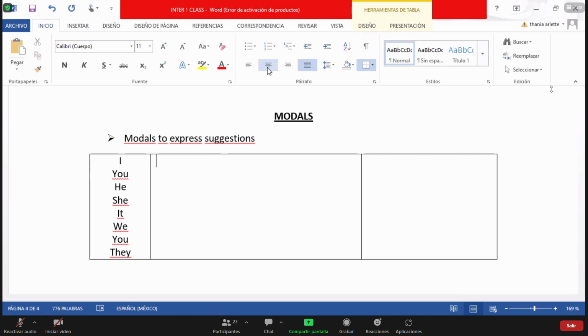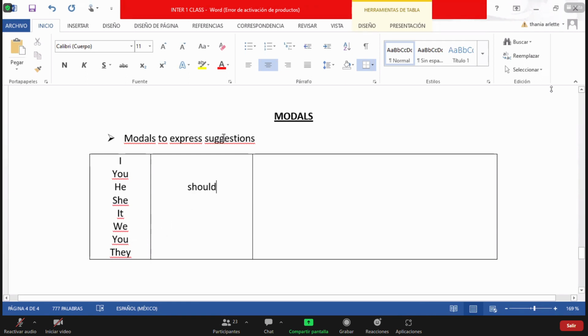After the subject, we are going to use a modal. One of the modals we are going to check today is should. And before I said that all the subjects are going to take the same form of should. I mean, we are going to say I should, you should, he should, she should, it should, we should, you should, and they should.